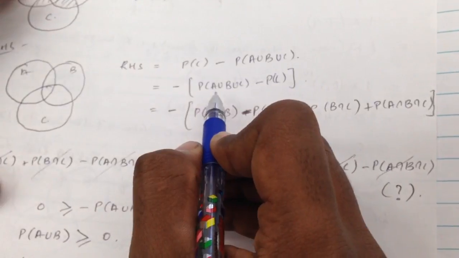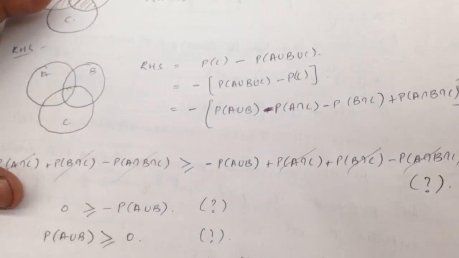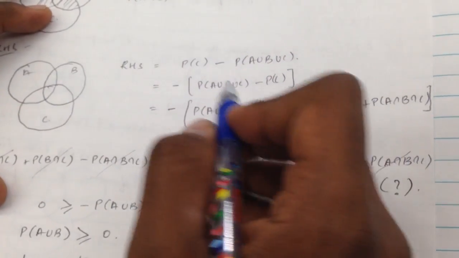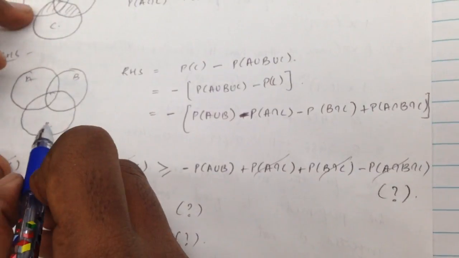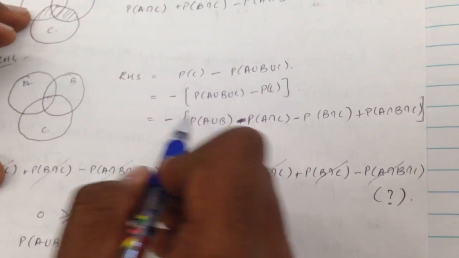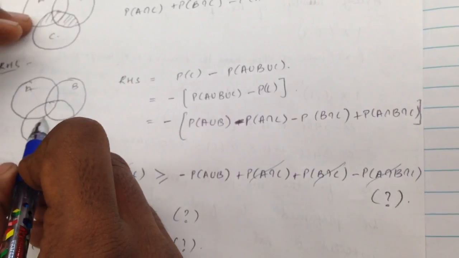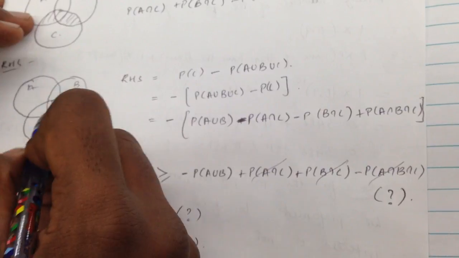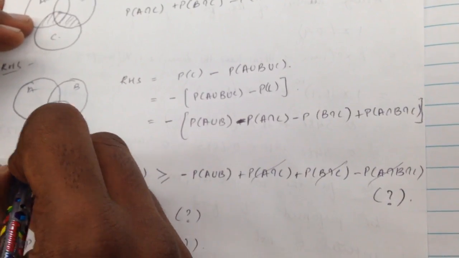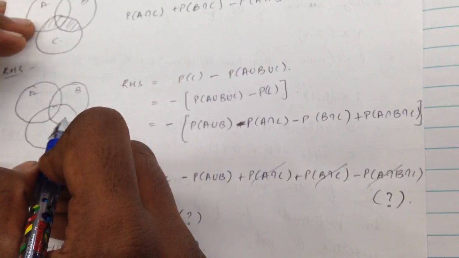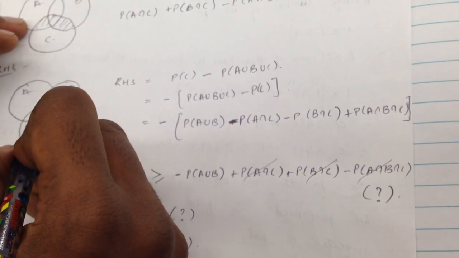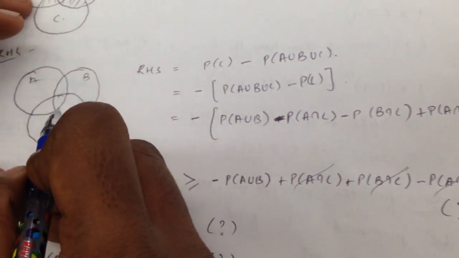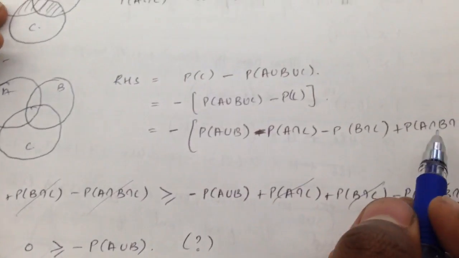So now P of A union B union C can be expanded as P of A union B, which is this area, minus P of A intersection C, which is this area, minus P of B intersection C, plus I add this area, since this area was subtracted twice, I add this expression.